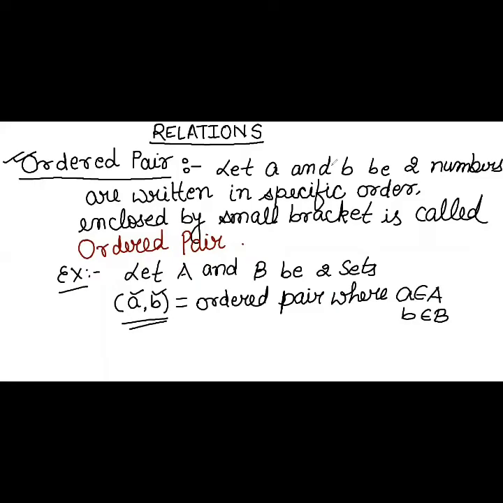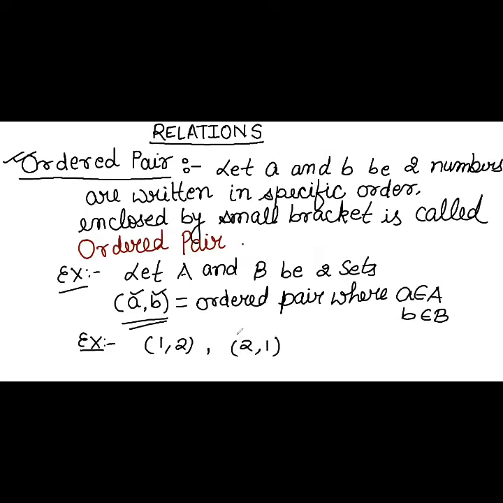We can understand this ordered pair by using one example. If I'm taking (1, 2), this is an ordered pair. Similarly, I'm taking another ordered pair, (2, 1). You can see (1, 2) and (2, 1). The numbers are similar. Here also we are using 1, 2, and here also we are using 1, 2. But the positions are different.